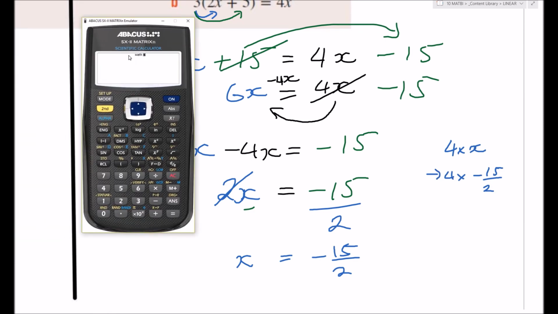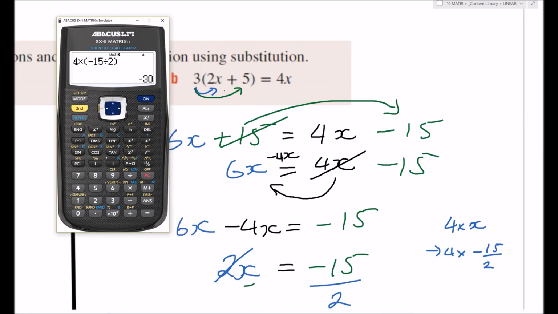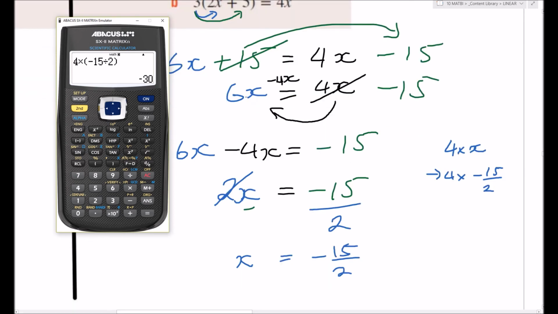Put negative 15 divided by 2 in a bracket, so that's 4 times negative 15 divided by 2. It should equal negative 30. So that means in this equation, if you replace x with negative 15 over 2, you should get negative 30 as well.